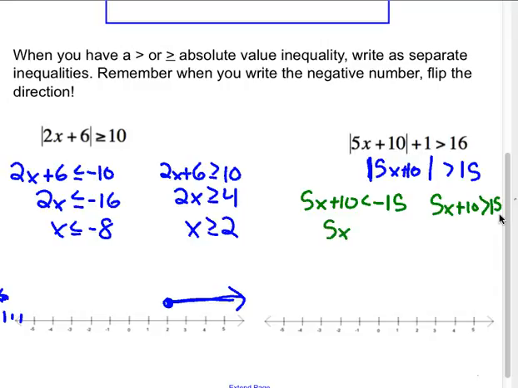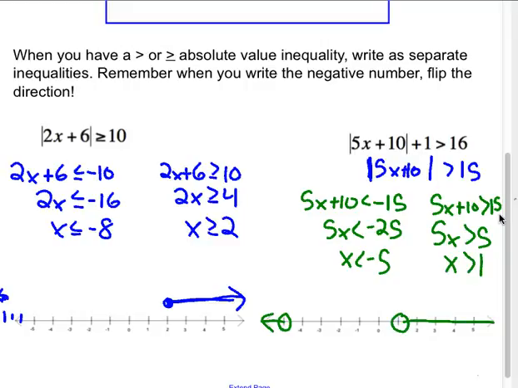So, subtract 10, divide by 5. So x is less than -5. Here, subtract 10, divide by 5. X is greater than 1. And that is how you would graph it.